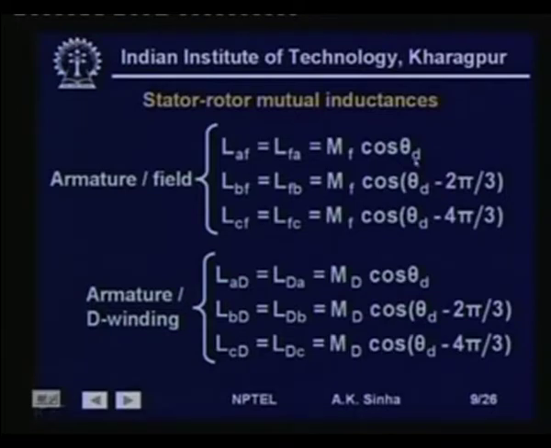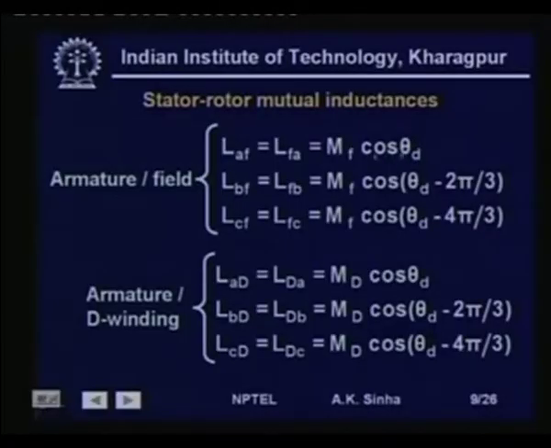This is what we said, that when the d axis coincides with phase A axis, then the two coils are aligned with each other, and you are going to have the maximum mutual inductance between them, and that is what we see here, that theta d in that case will be 0, and therefore, LAF is equal to LFA is equal to MF. Otherwise, at any other angle it is going to be equal to MF into cos theta d.